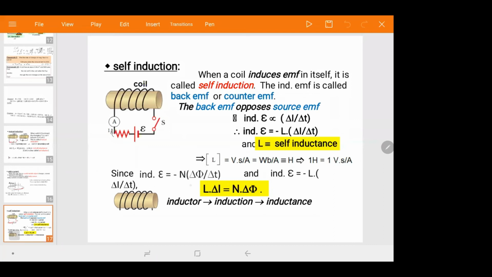The same induced EMF is written in 2 different ways. So when you equate the 2, since the time interval is the same, it cancels out, and then you get this formula here: self-inductance times change of current equals number of turns times change of flux.